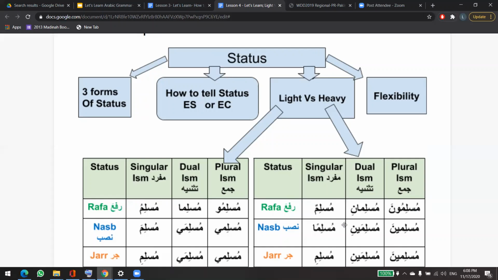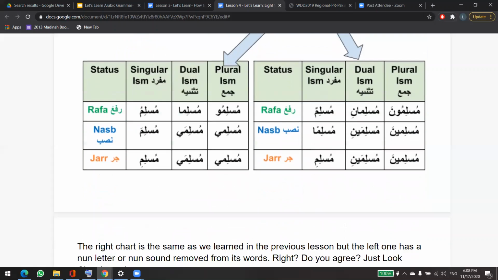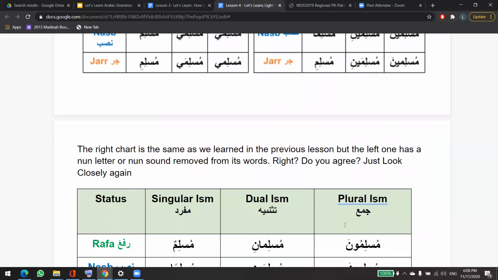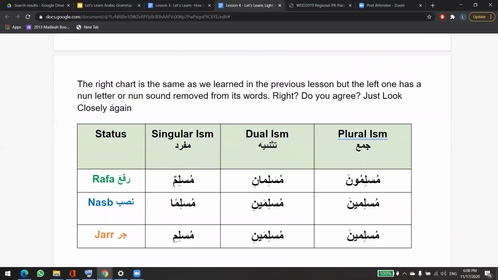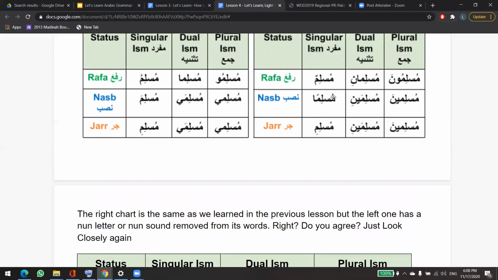Okay, so just to have a close look, I enlarged these 2 charts on the next page. The chart on the right side is the same as we learned in the previous lesson. But look at the left one. This left one has a noon letter or noon sound removed from its words.